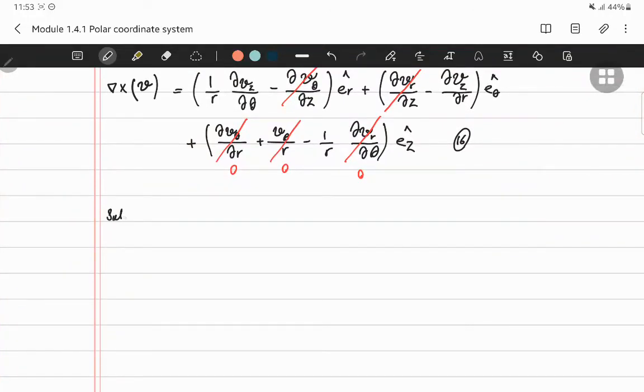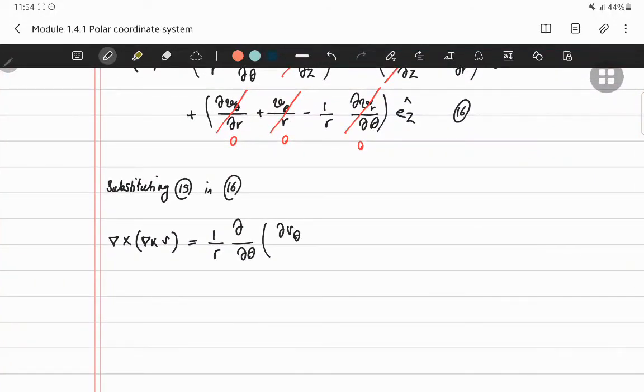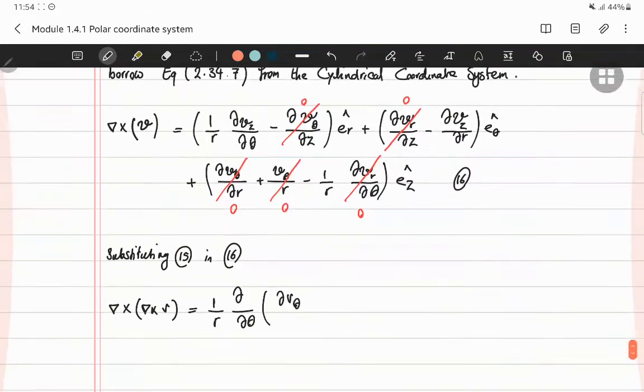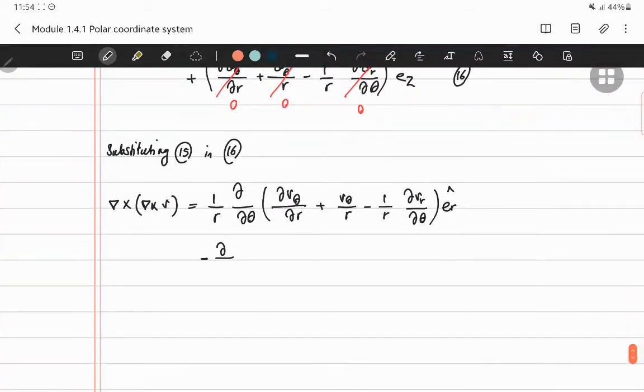So by substituting 15 in 16, del cross v is 1 divided by r, partial derivative of vz with respect to theta, where vz comes from here, minus partial derivative of v theta with respect to r plus v theta divided by r minus partial derivative of vr with respect to theta, er, minus partial derivative of vz with respect to r.